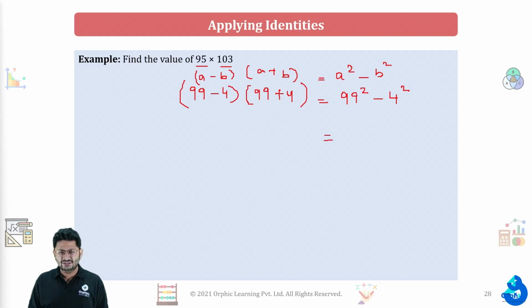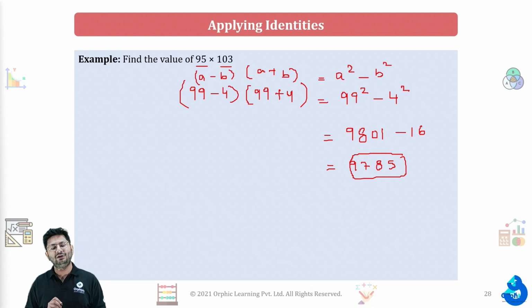And 99 square, I hope you guys remember what is 99 square. अगर नहीं याद है तो अभी याद कर लो, that it is equal to 9801 and 4 square is equal to 16. तो simply आपका answer आएगा 9785. This would be your final answer without any difficult calculation using the identities.